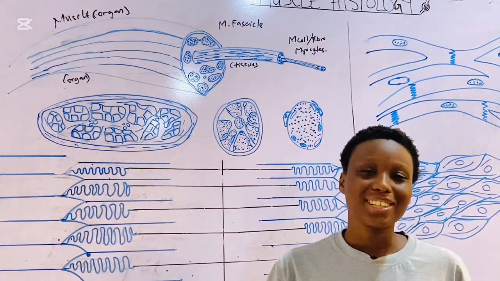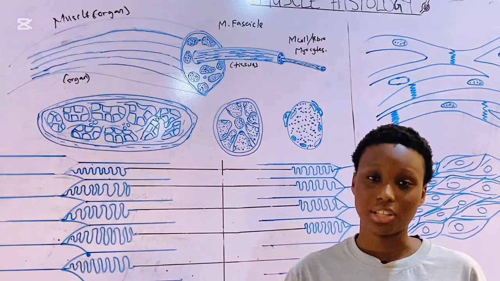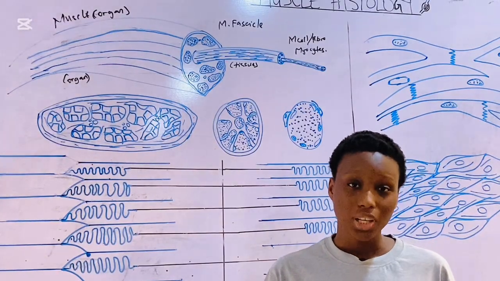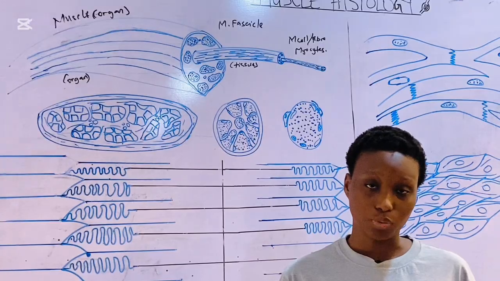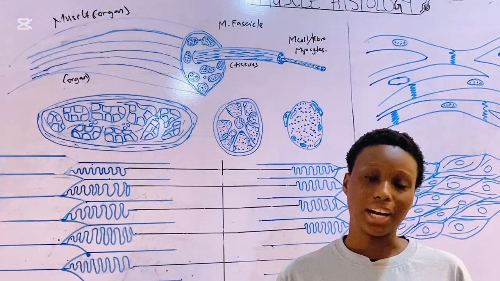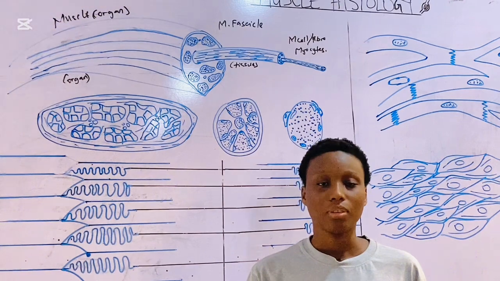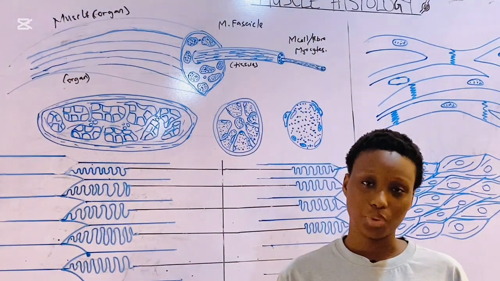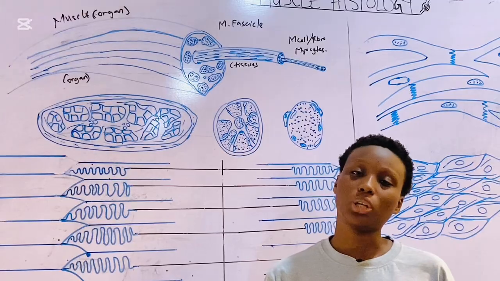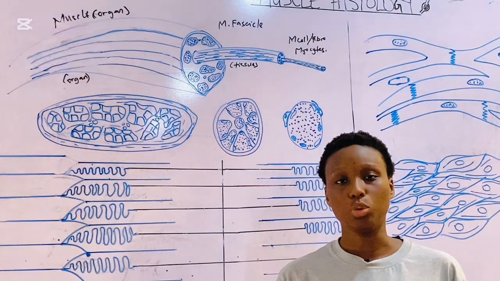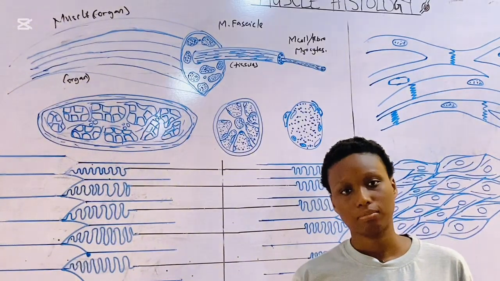In the embryological development of skeletal muscle, it is gotten from myoblasts. So myoblasts are the cells from the mesoderm of our growing fetus or the growing embryo. Now these myoblasts come together and fuse to form these long cylindrical muscle fibers.